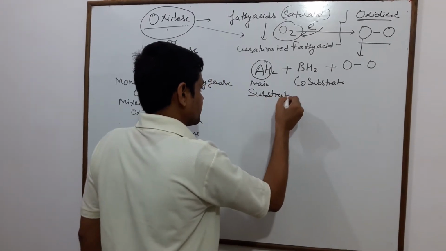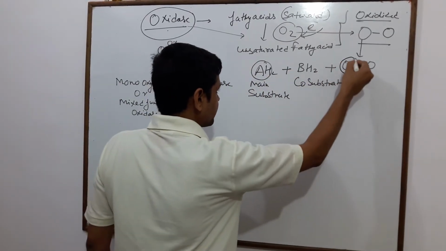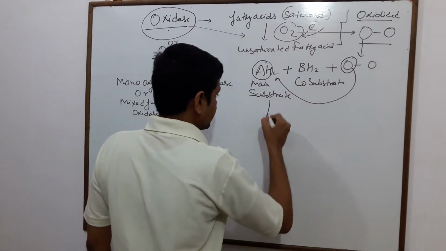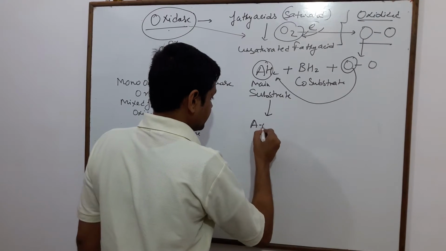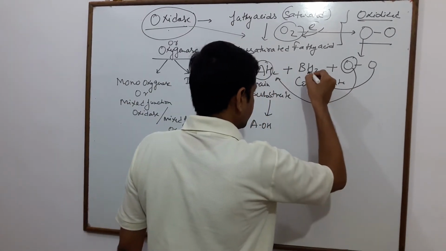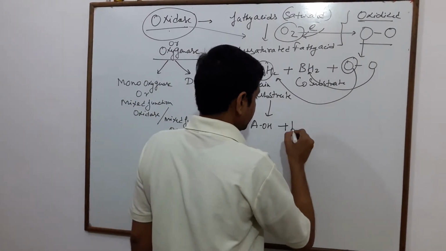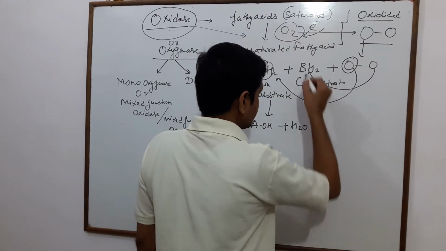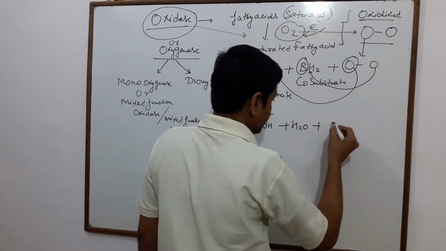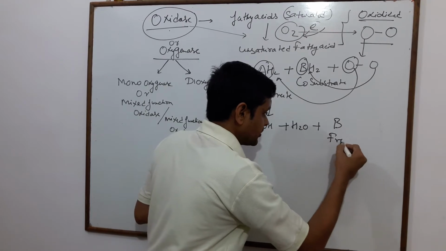From the main substrate, one oxygen atom reacts and generates the hydroxylated product, and one oxygen reacts with the H2 to generate H2O, and this co-substrate is released in free form. Suppose B is released in free form.